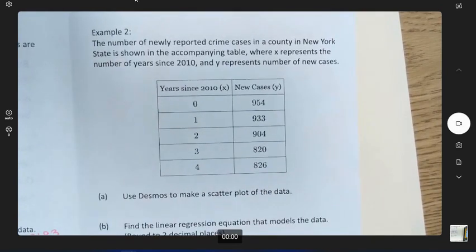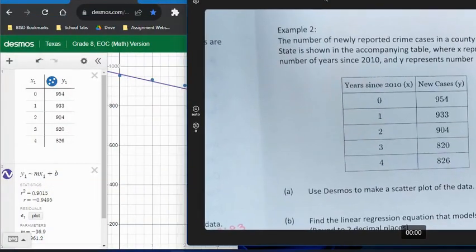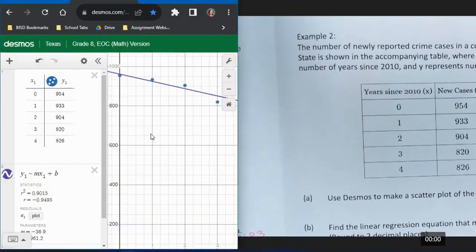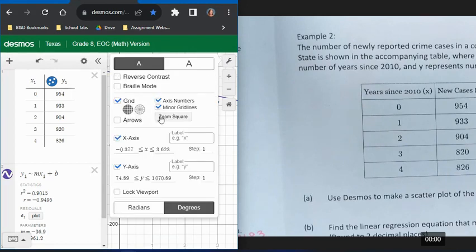So let's see. I've already put it in mine. And something I did was with this graph. I want y'all to go to, because it's hard to see the way it's just defaulted, everybody go to this little wrench. That's the settings. We're going to change our x-axis to represent the x value.